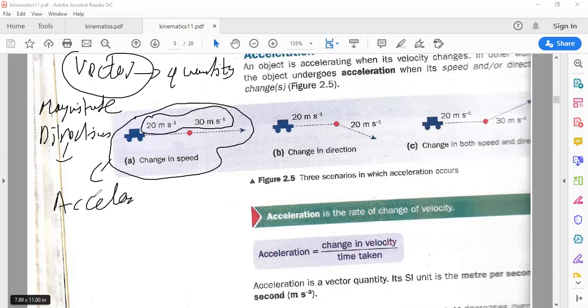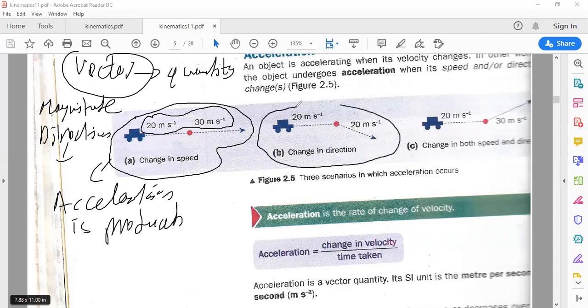In part A, acceleration is produced due to change in speed. In part B, if you notice, the magnitude is 20 and the magnitude over here is also 20. So there is no change in magnitude, but there is a change in direction. So over here, acceleration is produced due to change in direction.